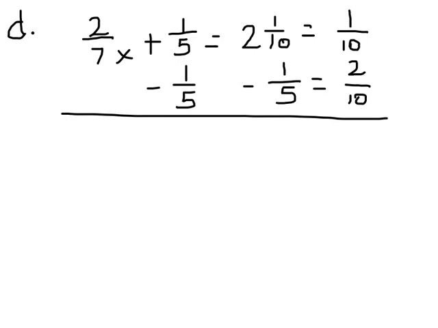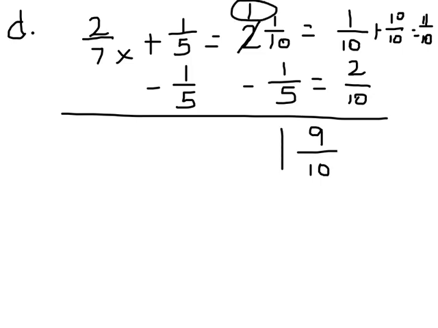Can't do that, so I'm going to need to take this 2 and make it a 1 and add 10/10 here to get a total of 11/10. And I can take 2 away from 11 and I'll get 9/10. And then this 1 right here, I need to remember to bring it down. 1 9/10.